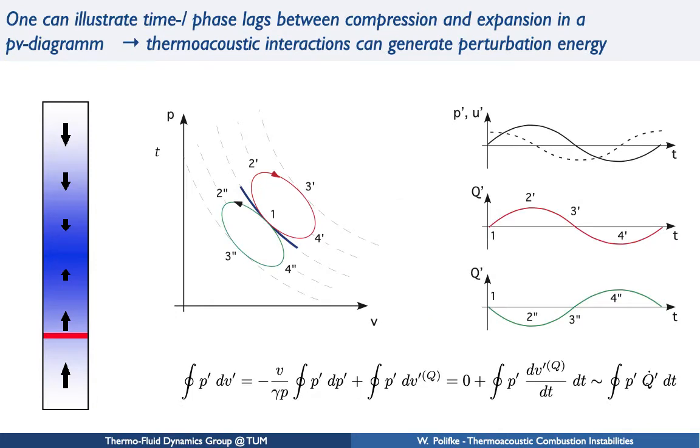And as a matter of fact, there is a thermodynamic analogy here. We all know engineering thermodynamics. Here you see a PV diagram to the left center, pressure and specific volume.